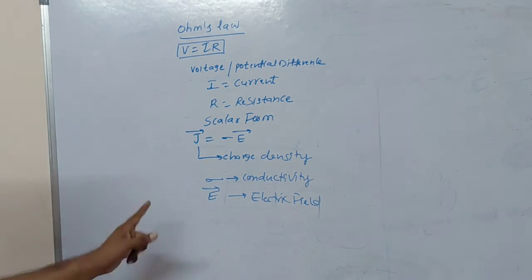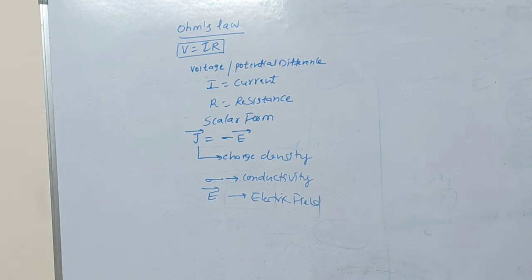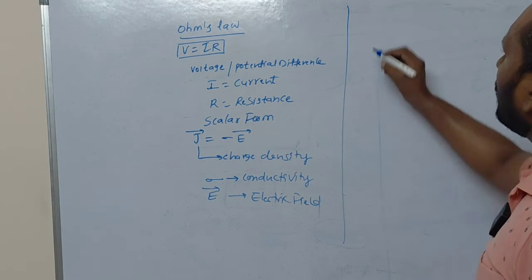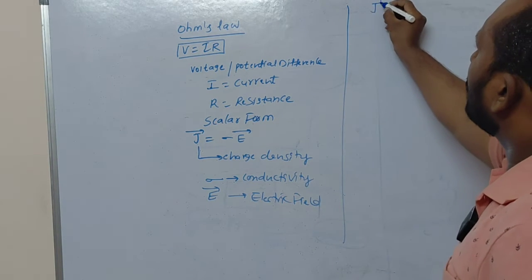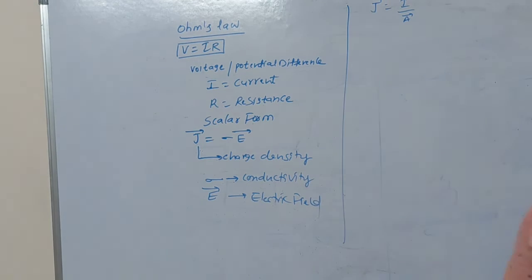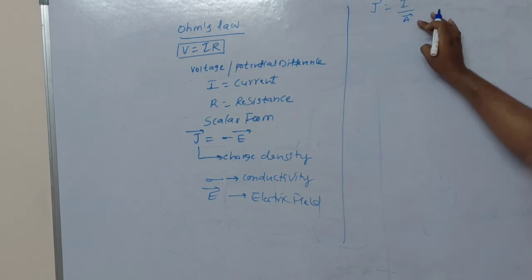Before entering into this, we learn about these three things first. First, charge density. What is meant by charge density? J bar is equal to I by A bar, nothing but current per unit area.